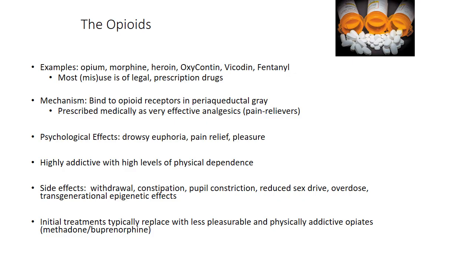There's a number of side effects to opiate use that oftentimes lead people to seek treatment, including, of course, withdrawal as a result of the physical dependency, constipation, pupil constriction, reduced sex drive, overdose, which can lead to death, and then some effects that can be passed on epigenetically.